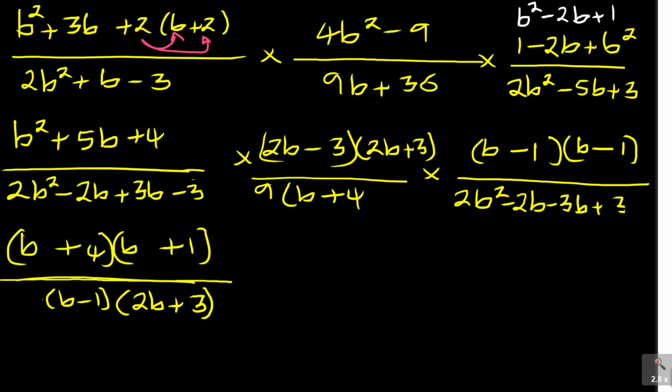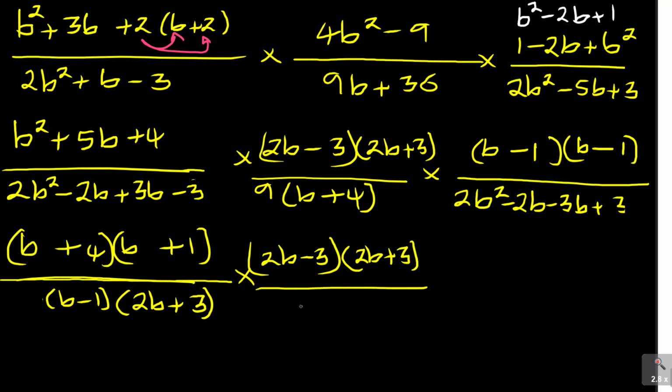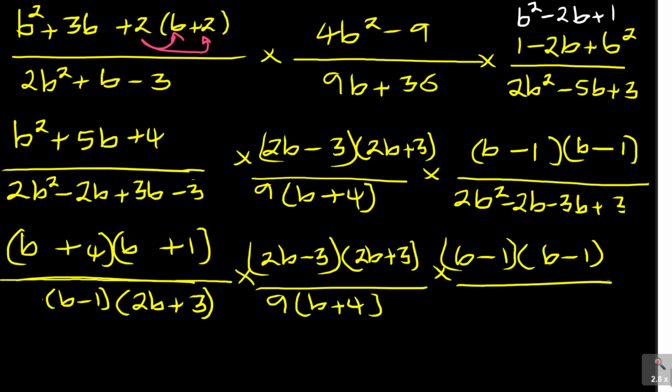And then what about the other one? Times, does it need doing? It was fine, which is 2b minus 3 and 2b plus 3, all over 9 and b plus 4. Alright, times b minus 1, and b minus 1. And then we need to factorize this one.